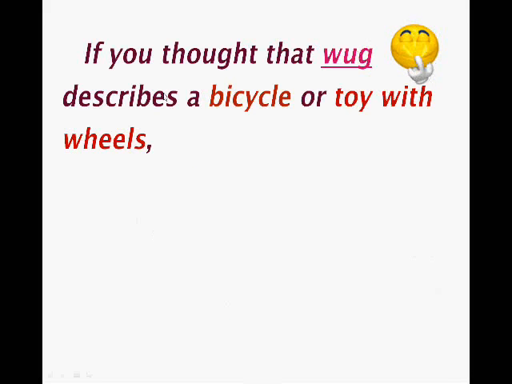So, of course, if you thought that word describes a bicycle or toy with wheels or something moving, then you are correct. And how did you think that this word is describing a bicycle or a toy with wheels or something moving?